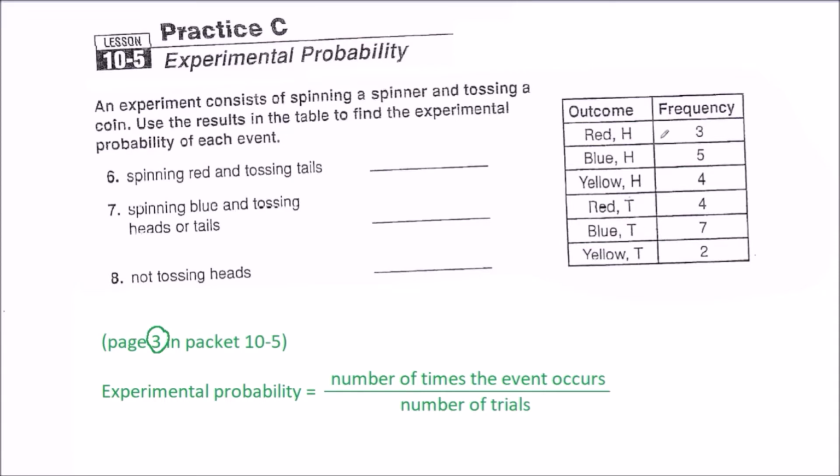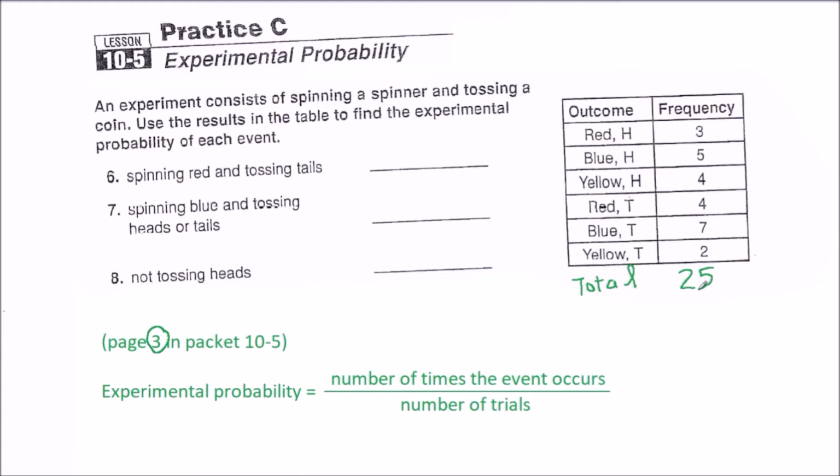So all we have to do here, one thing I think I mentioned is anytime you have a table like this with frequency, what's called a frequency table, if you're not given the total, I would figure it out, because in most questions the total will come up. So if we add up all these frequencies, 3 plus 5 is 8, and 4 and 4 is another 8, that's 16, 7 and 2 is 9, so that puts us at a total of 25, if I'm counting that correctly.